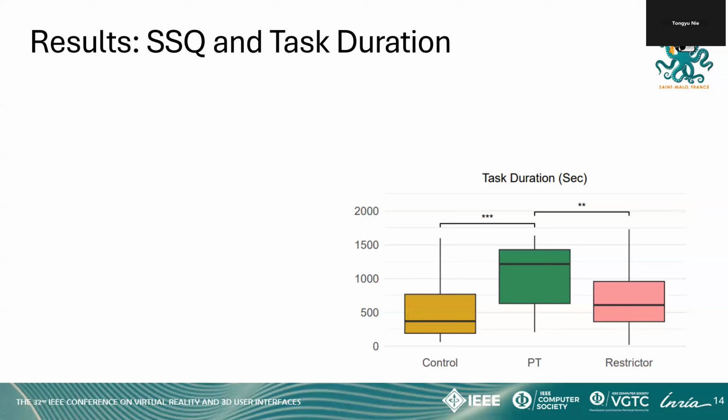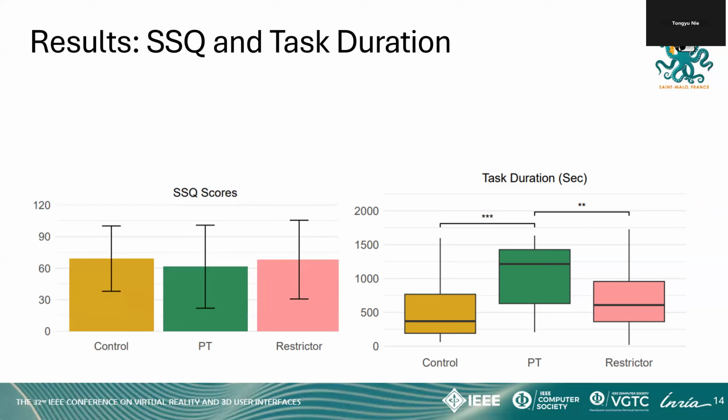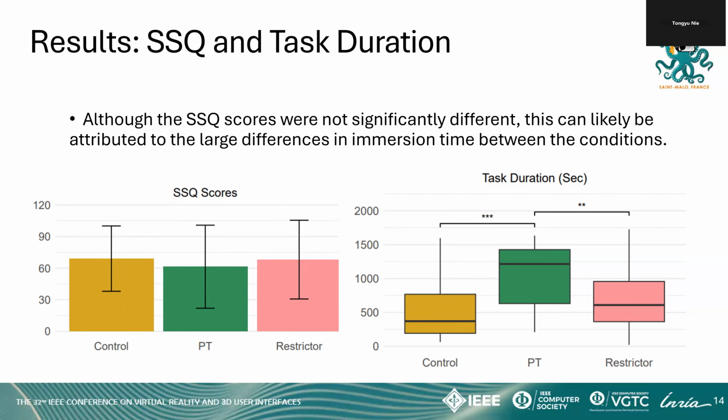Here are the results. First, the median immersion time in the peripheral teleportation condition exceeded 20 minutes, significantly longer than the 10 minutes observed in the black restrictor condition and the 6 minutes in the control condition. The SSQ scores were not significantly different, but this can be explained by the large differences in the immersion time between the conditions.